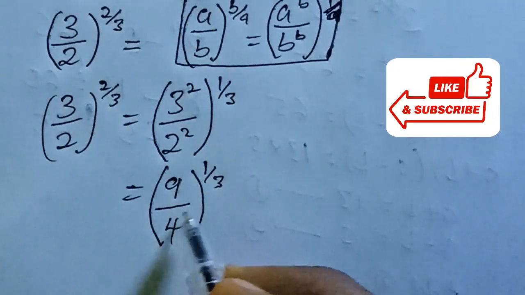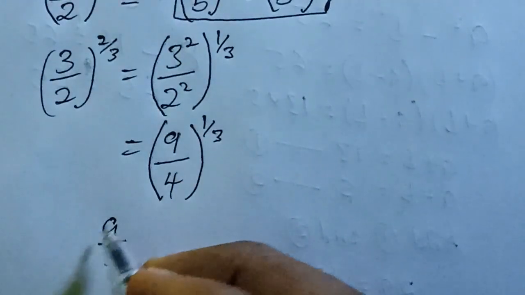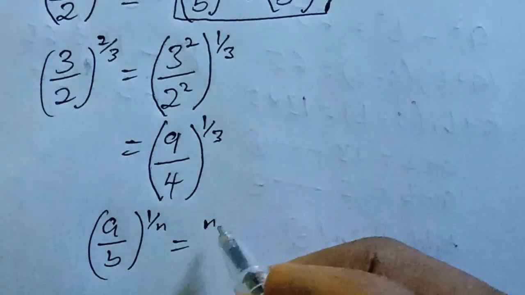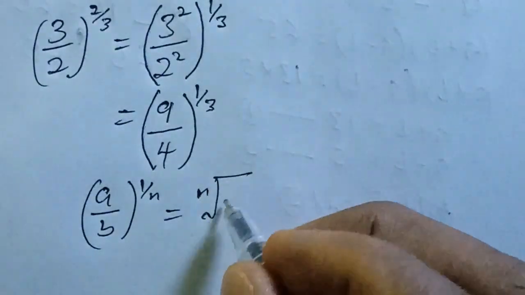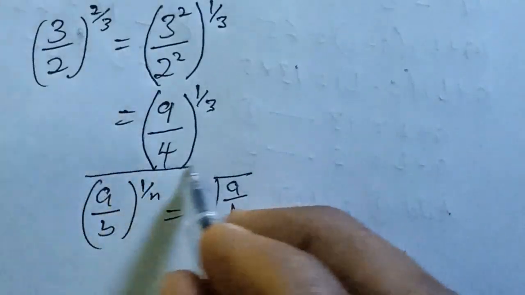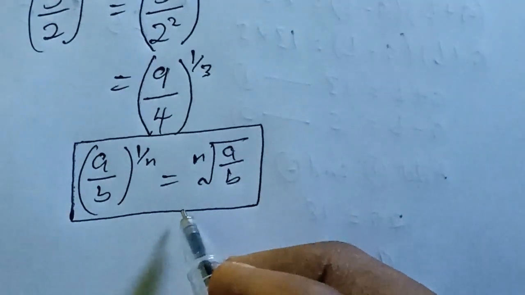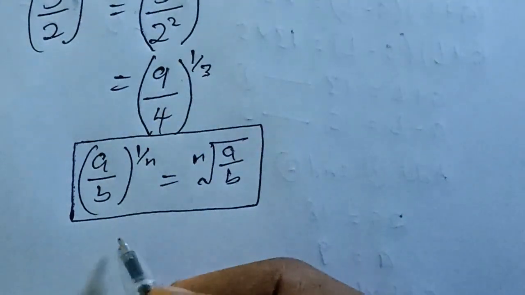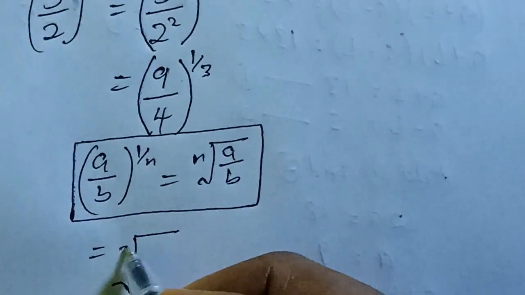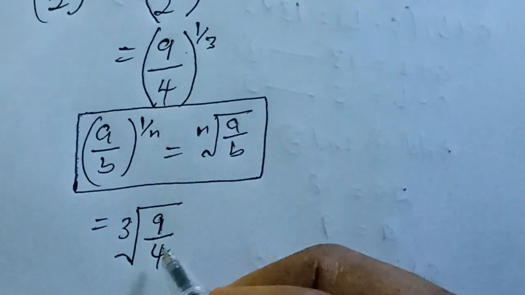Then we consider this: A over B in brackets raised to the nth root equals the nth root of A over B. Using this, it becomes the cube root of 9 over 4.